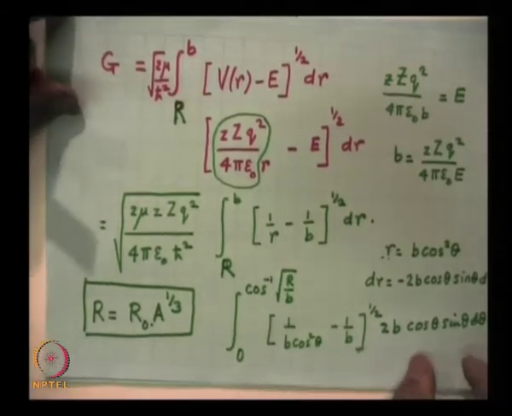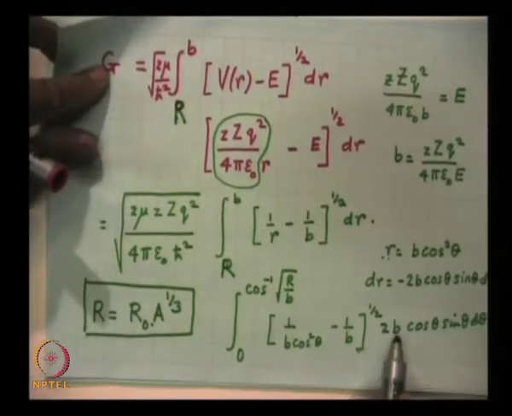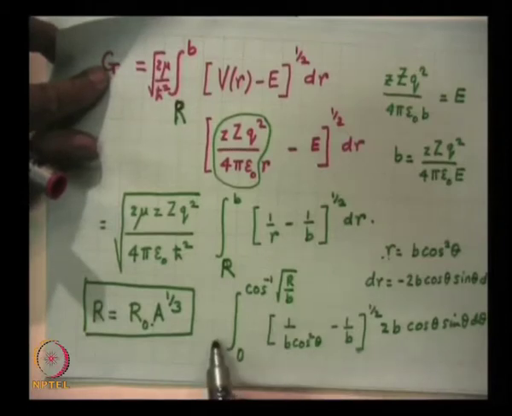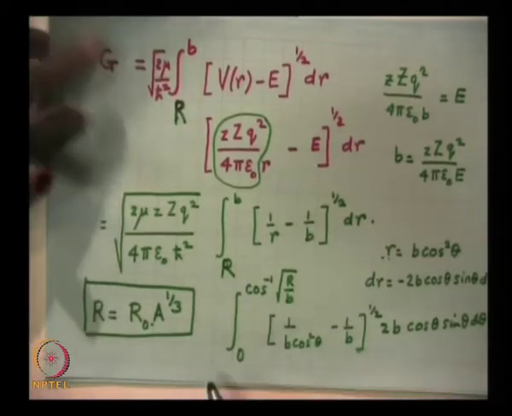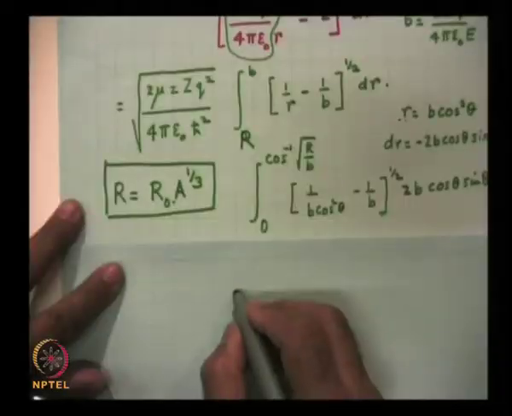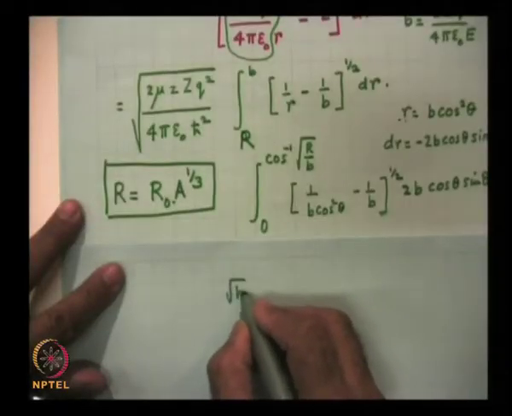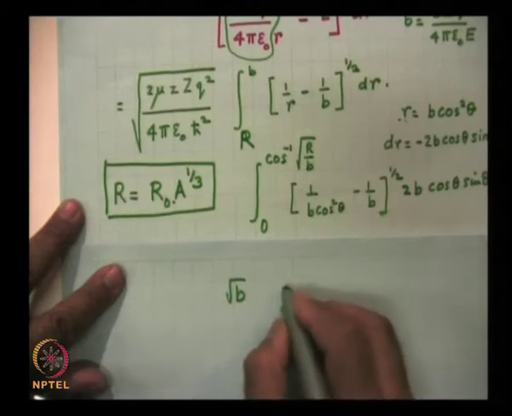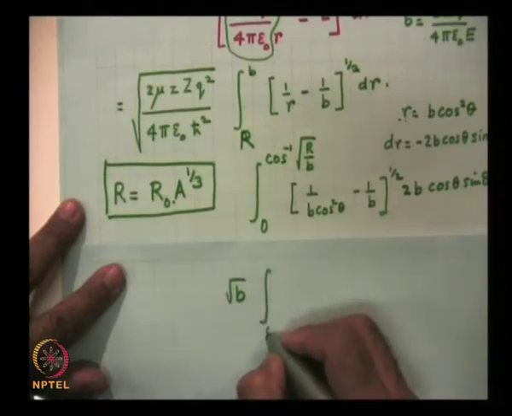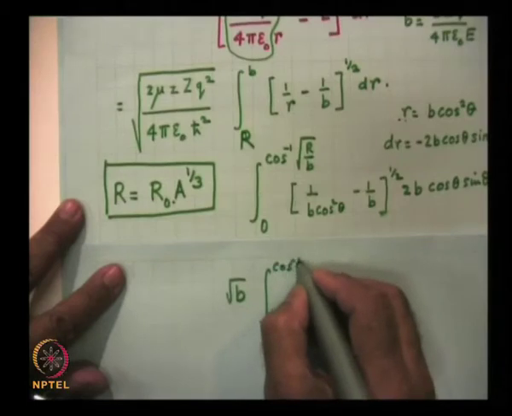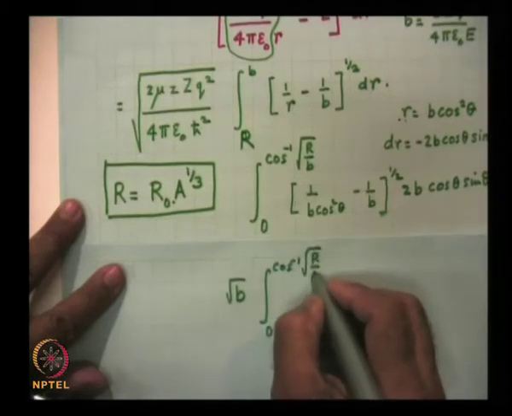So, I take the b outside, and this b to the power of half comes outside. So, we will have under root of b, and this will be integral from 0 to cos inverse under root of R by b.